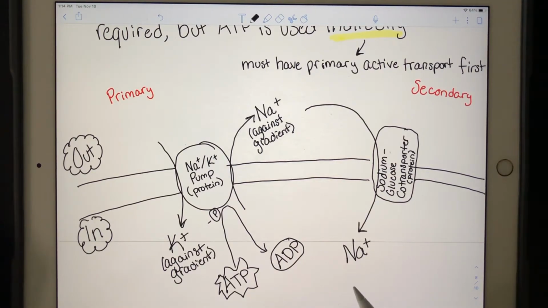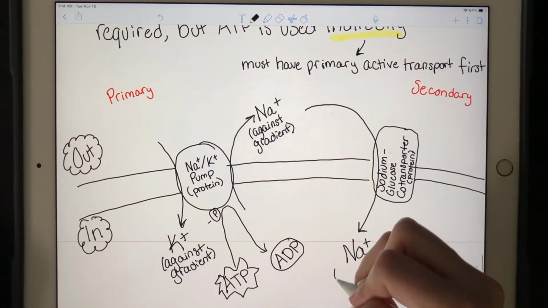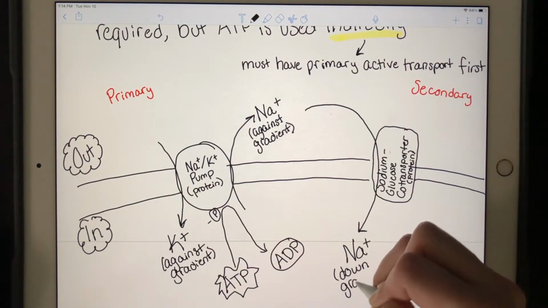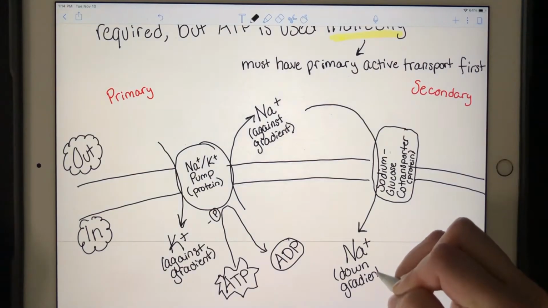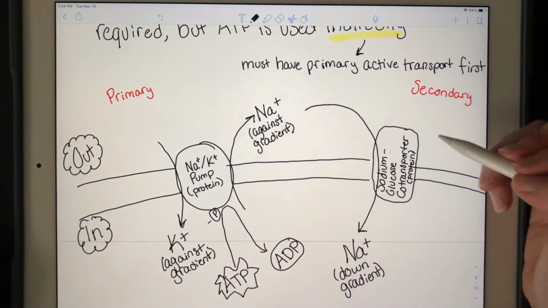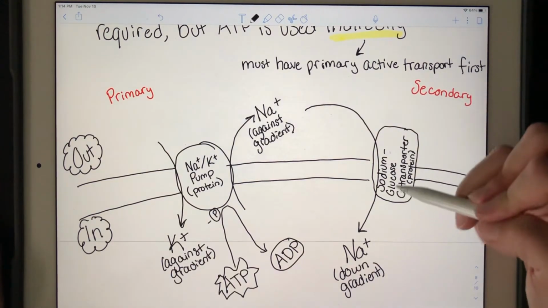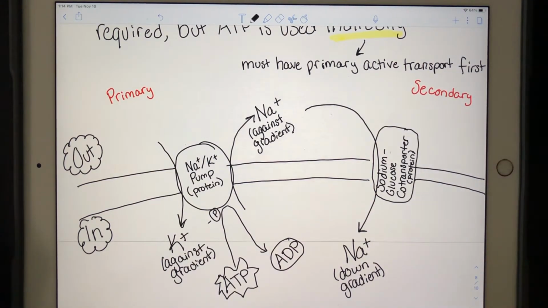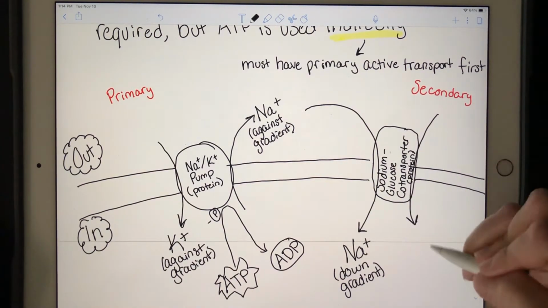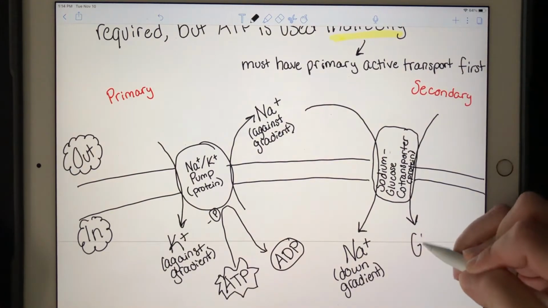So now our sodium is moving down its gradient. And that's a great thing, because when sodium moves through this sodium-glucose co-transporter, guess what else moves across it? If you guessed the sugar glucose, you would be correct.